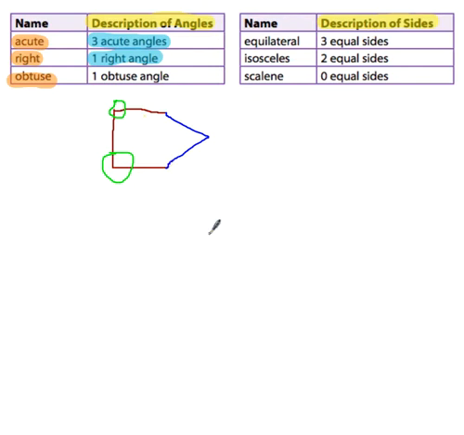Honey, that's not a triangle. Because how many sides can a triangle have? Three. How many sides does this have? 1, 2, 3, 4, 5. Okay, not a triangle. So there are zero ways that you can connect this into a triangle and have two right angles. So, right triangle, a single right angle.